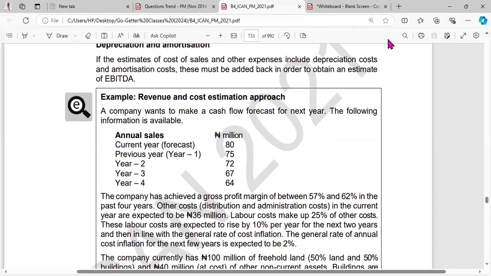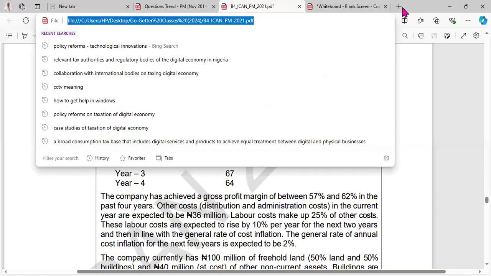Please let me make a second instance of this so that we'll be comparing solution with question.